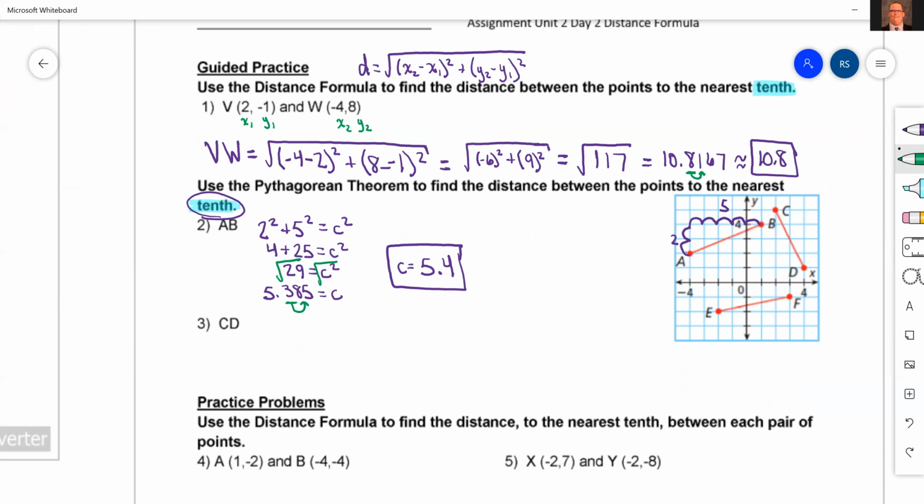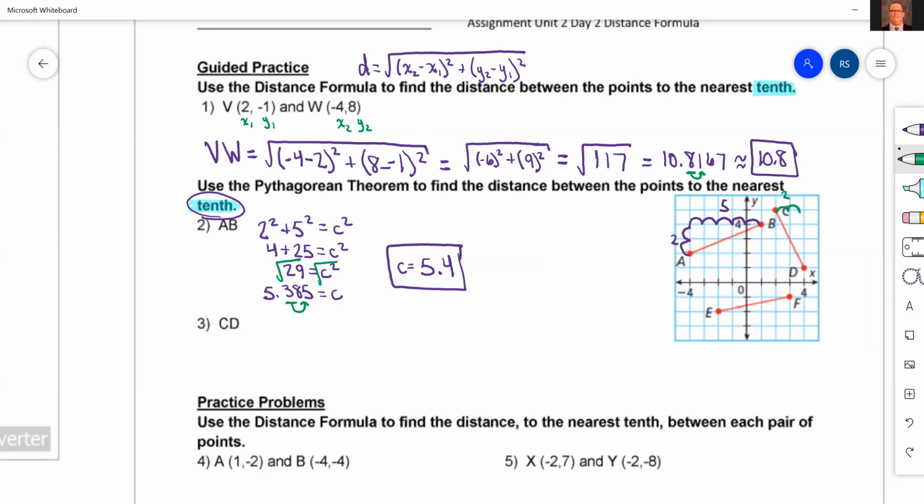Okay. Number 3, we have CD. Well, let's see. How much did I go over? 1, 2. Went over 2.